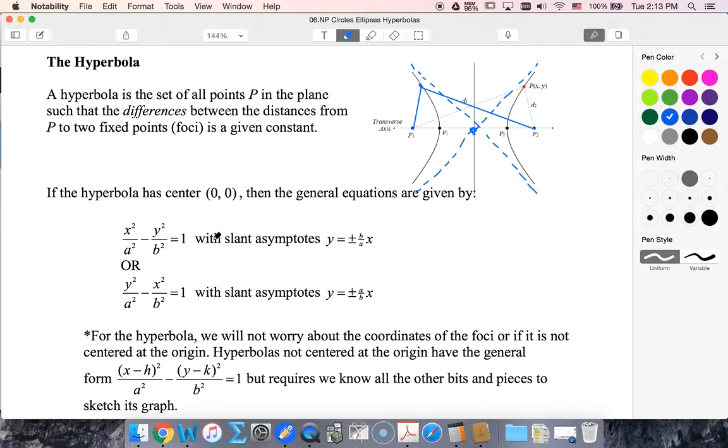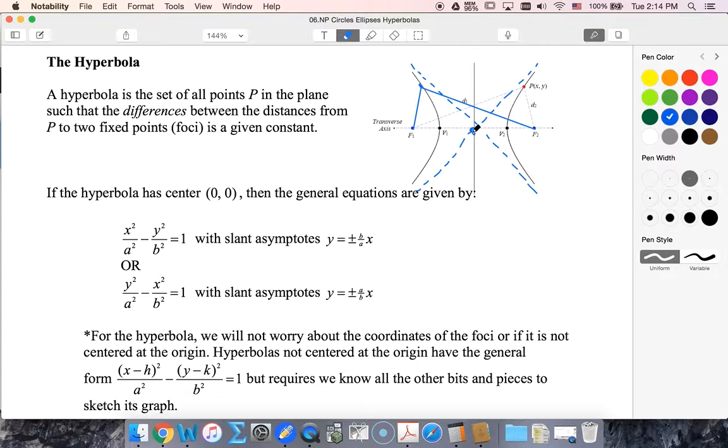So I either have hyperbolas that face this way, and these hyperbolas are going to point out. And notice that in this case, this shape, we have x-intercepts. So if y is 0, then I can get a solution.